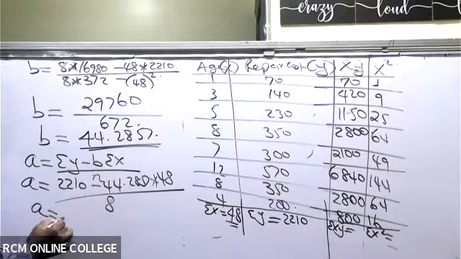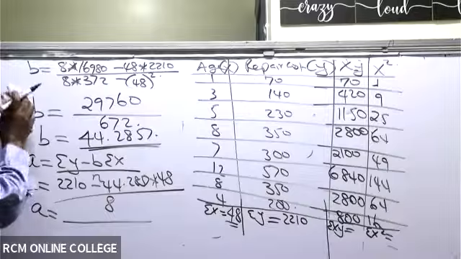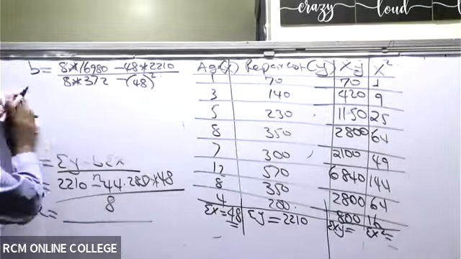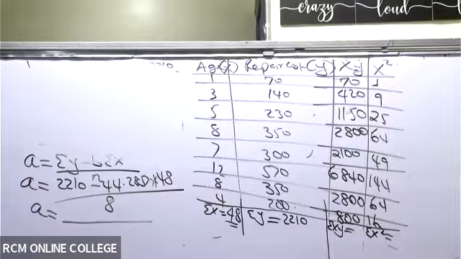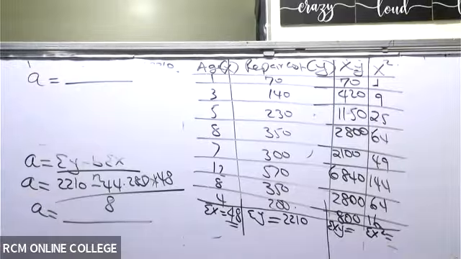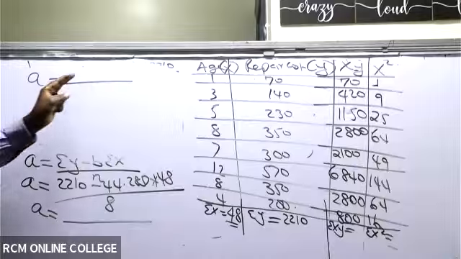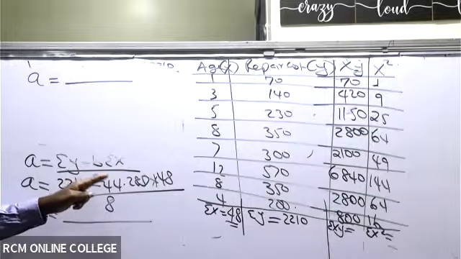So again, here you go slowly and give me the numerator. Is there somebody who is able to give me the numerator for getting the value of A? To get the numerator, we are taking 2210 minus 44.2857 times 48.